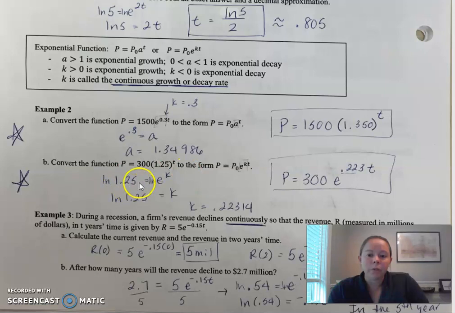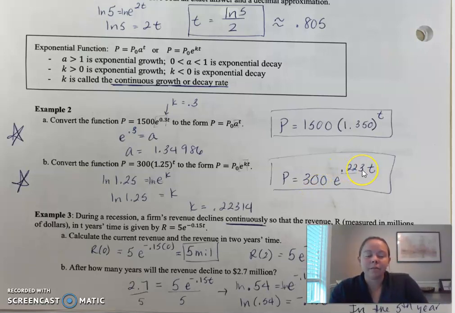So 1.25 equals e to the k. Then you can see that I natural logged both sides. Got to get that k out of the exponent world. So natural log of 1.25 equals, and natural log of e is 1, so I just have k left over. Put that in your calculator. Usually I round k out to at least 4 or 5 decimal places if they don't specify.